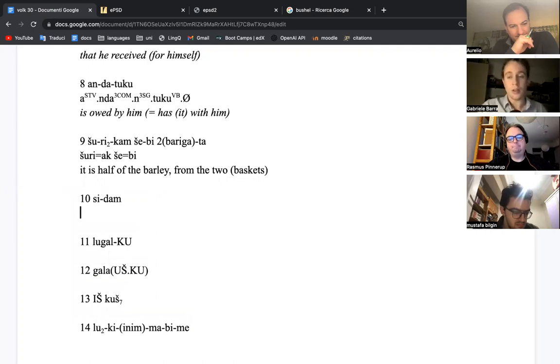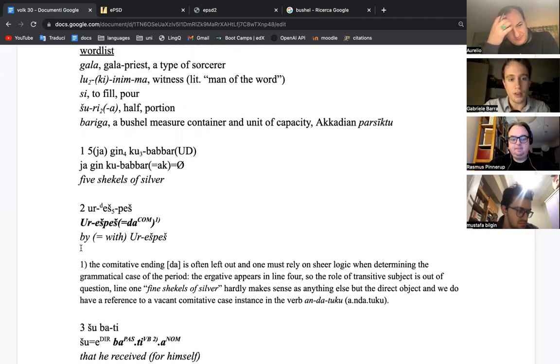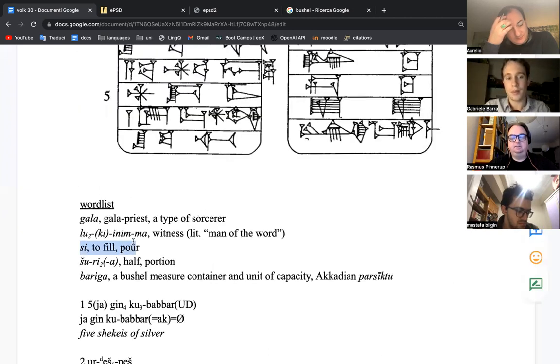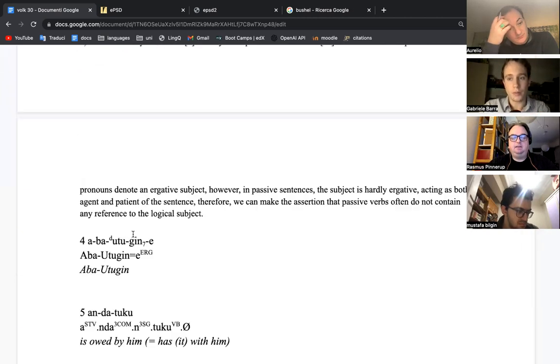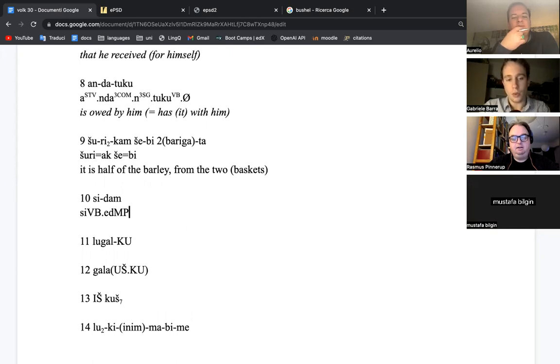Very intimidating again. Rogue copula, but let's work through the things. So what is C? Actually, what is this? Is it a verb? Yes, it is. The verb would be C, to fill, to pour. And then it could be with the ed marker and then a copula.